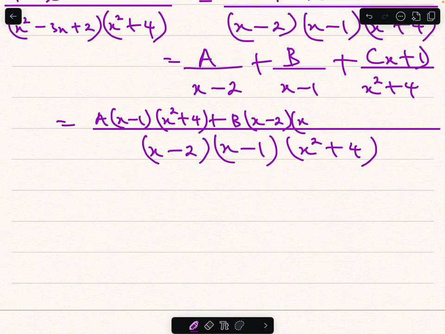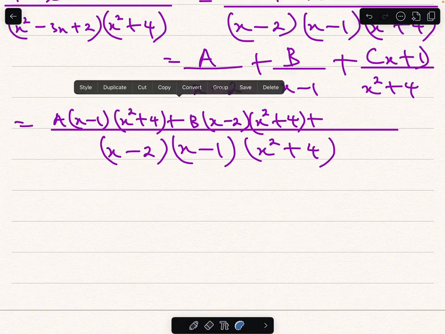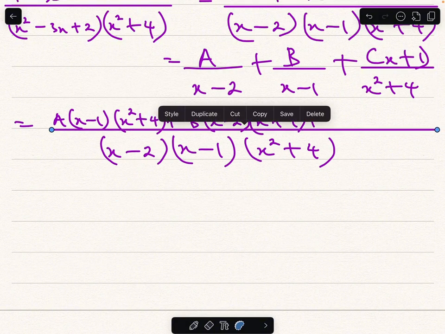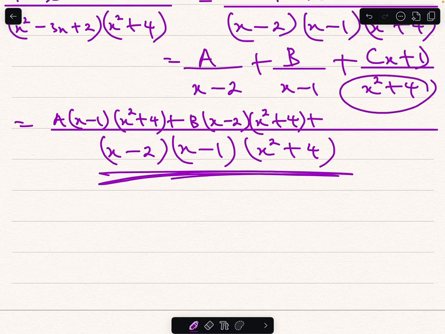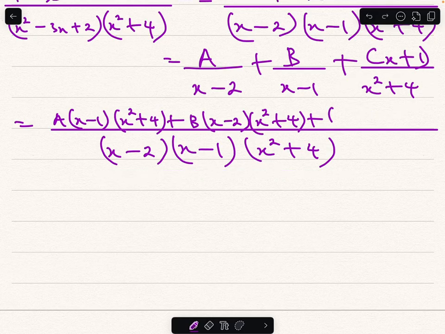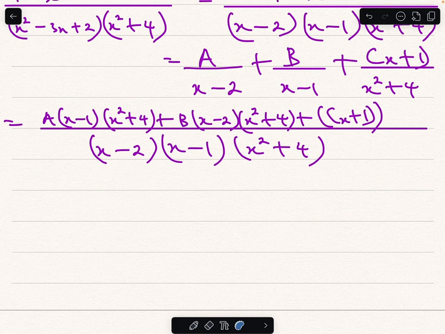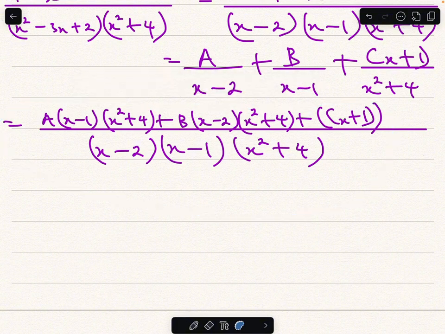Plus, when you divide this LCM by x squared plus 4, you have cx plus d into bracket x minus 2 times x minus 1.